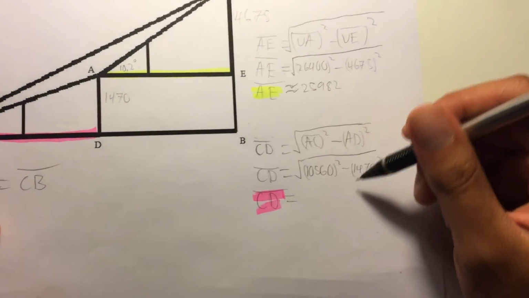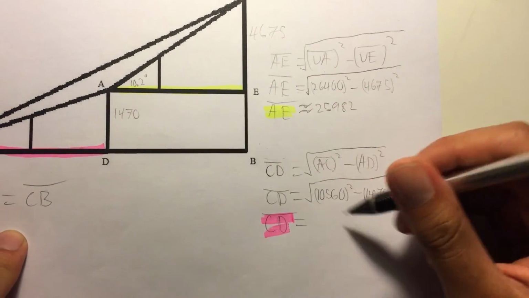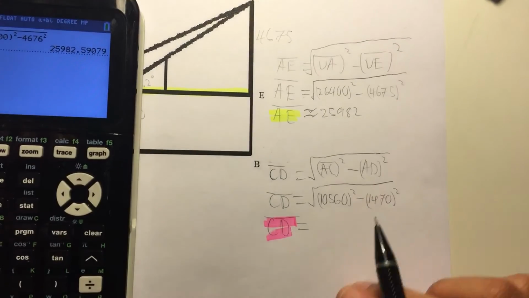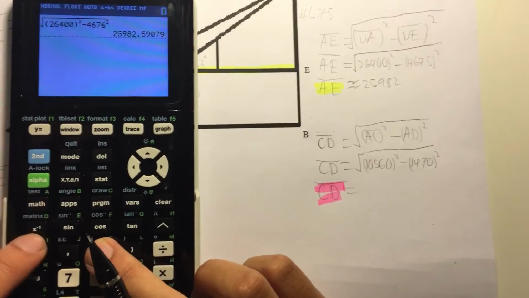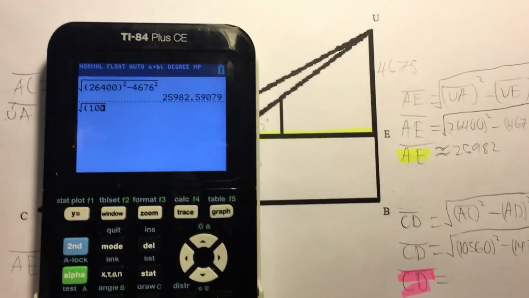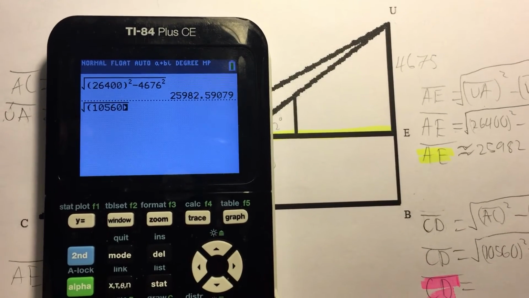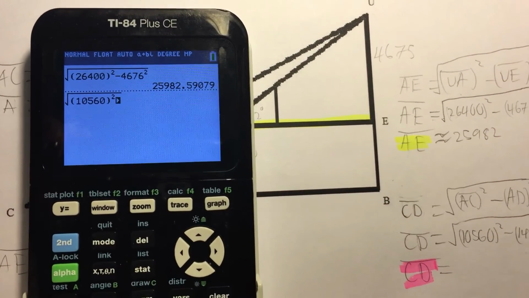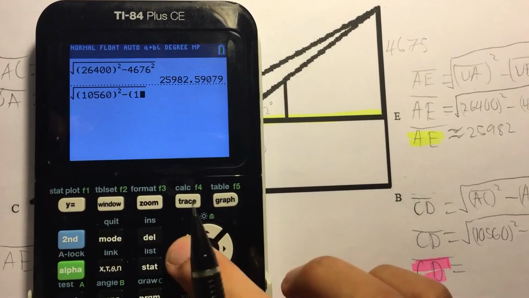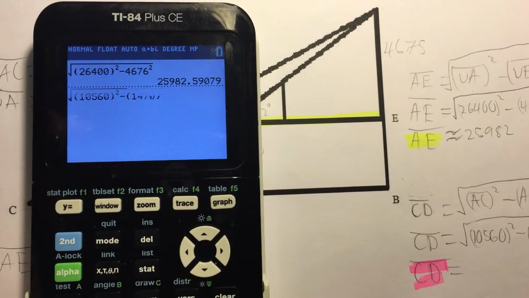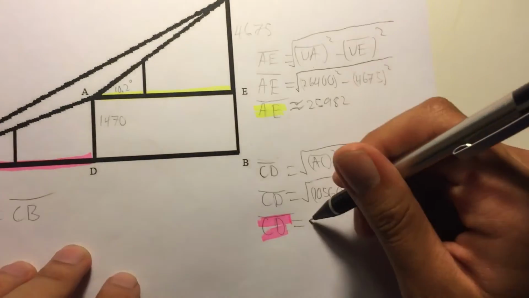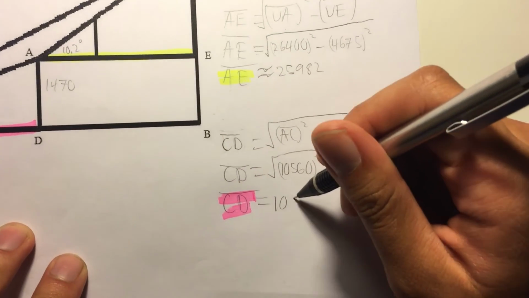We'll subtract that. This is kind of like derived from the Pythagorean theorem. Anyways, you take this and you plug it in again: 10,560 squared minus 1,470 squared, and you get this value, 10,457.